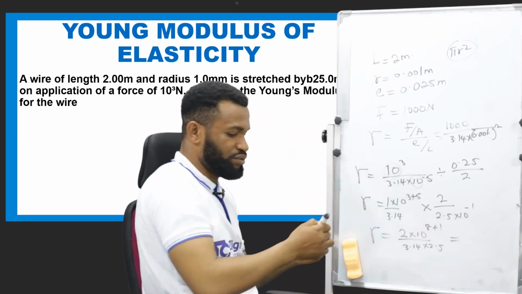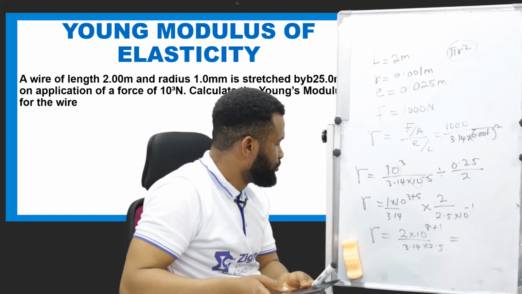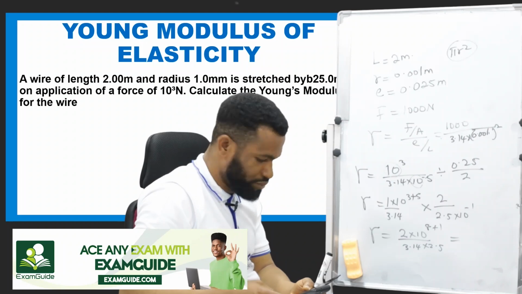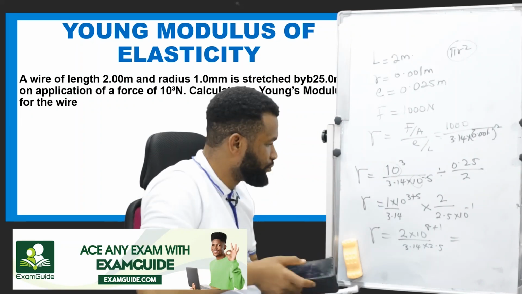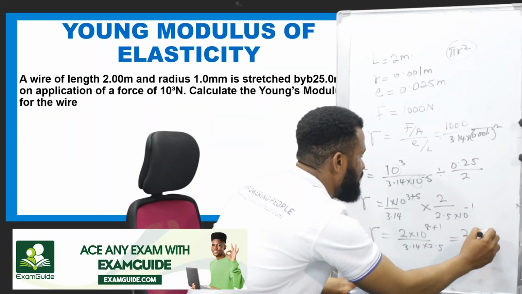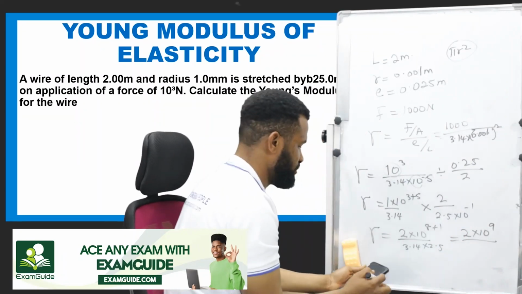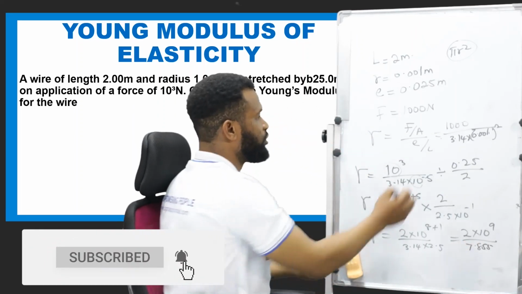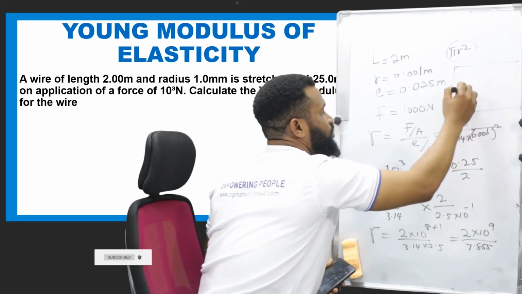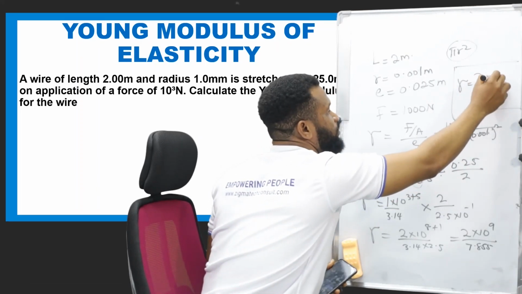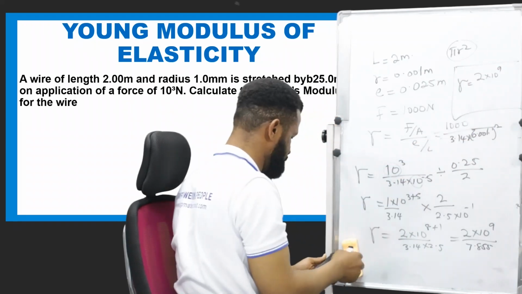And this is going to be equal to 2 times 10 raised to the power 9 all over 7.855. So let us end it here. The Young modulus is going to be equal to 2 times 10 raised to the power 9 divided by this.